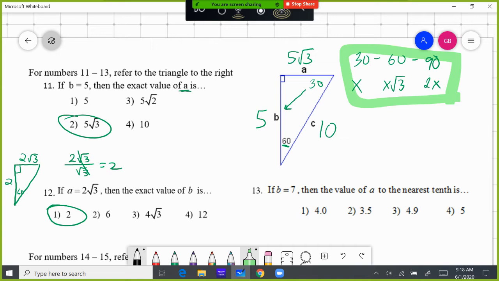It is larger. This picture, unfortunately, is not drawn to scale. Good observation. The 60-degree angle should open up wider than the 30-degree angle, right? So this picture is not drawn to scale. Very good observation.